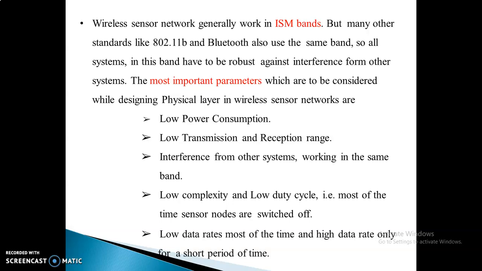We all know the electromagnetic spectrum of radio frequencies: very low frequency, low frequency, medium frequency, high frequency, super high frequency, extremely high frequency, ranging from 3 kHz to 300 GHz. They split this range into frequency bands.